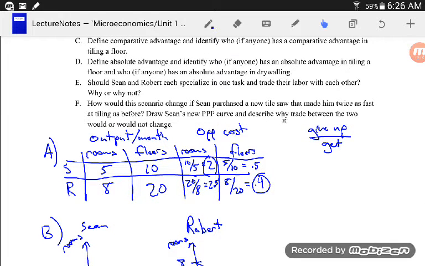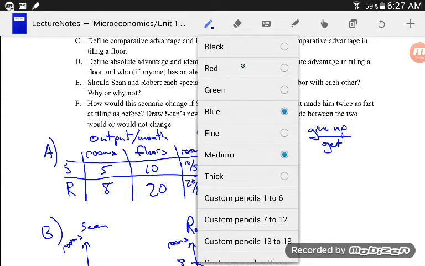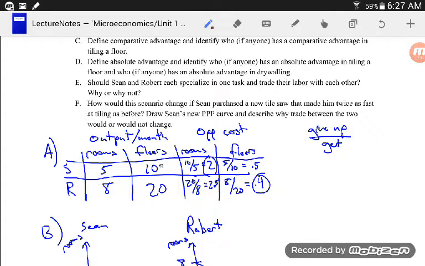So there we go, I drew the new one, and then the last part of the question asks, so we drew it and describe why trade between the two would or would not change. This actually requires quite a bit of thought. If he's twice as fast now, so I'm actually going to quickly change color here just so that you can see this. He's now able to do 20 floors, and so my new math here becomes 20. Again, I wouldn't actually recommend drawing on your own graph.